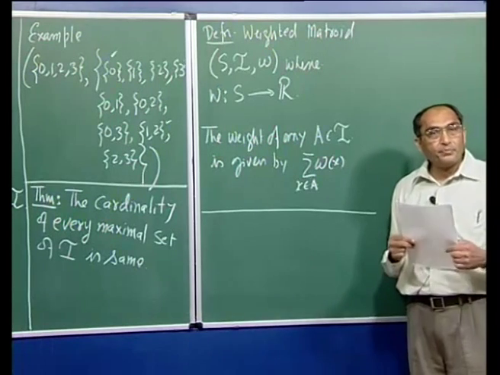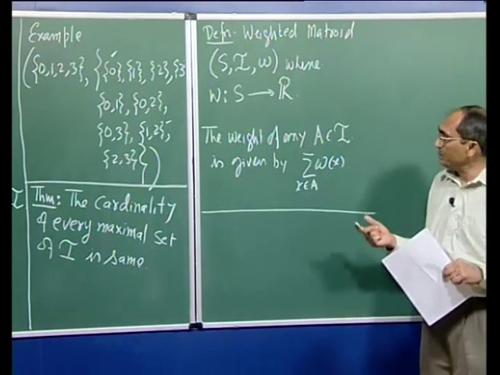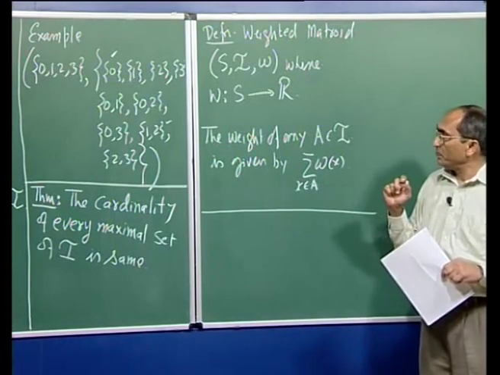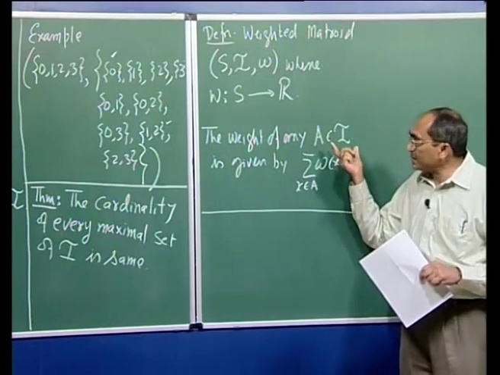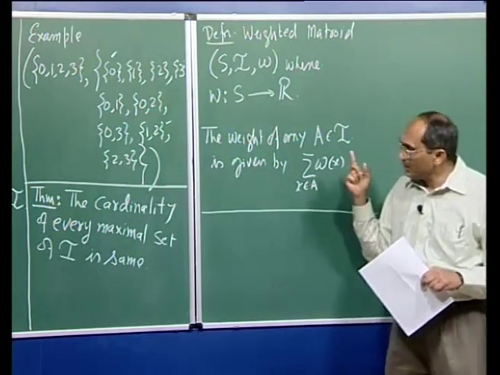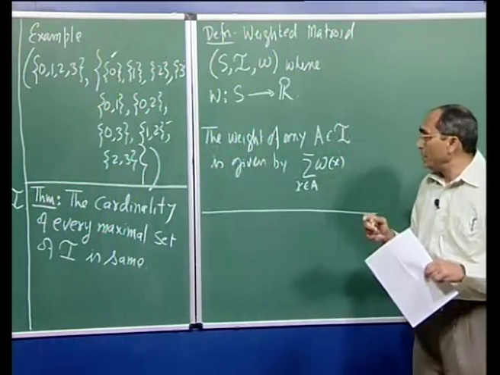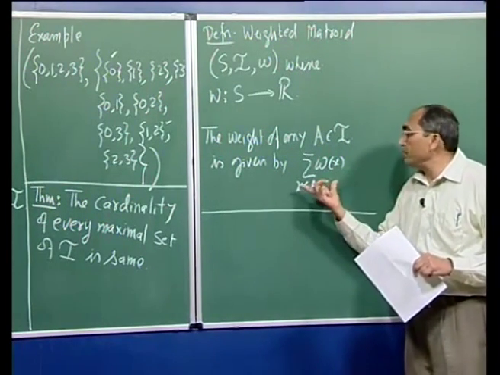Now our problem that we want to address today is to determine one of the maximal independent sets, one of the sets with largest cardinality in I, which has maximum weight.